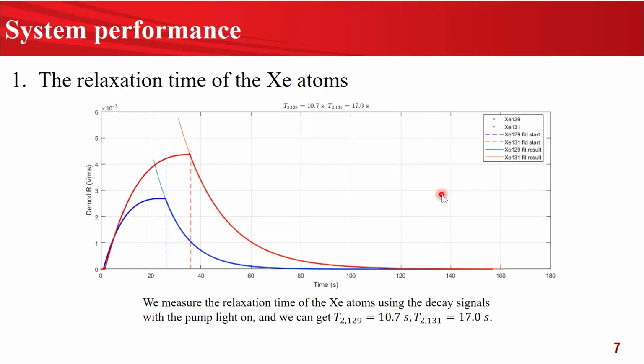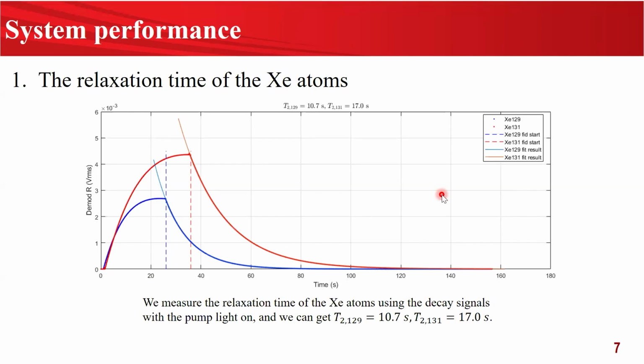Because their spin exchange rate is different. The gyromagnetic ratio for xenon-131 is about 3 times larger than that of xenon-129. So the T2 is different.